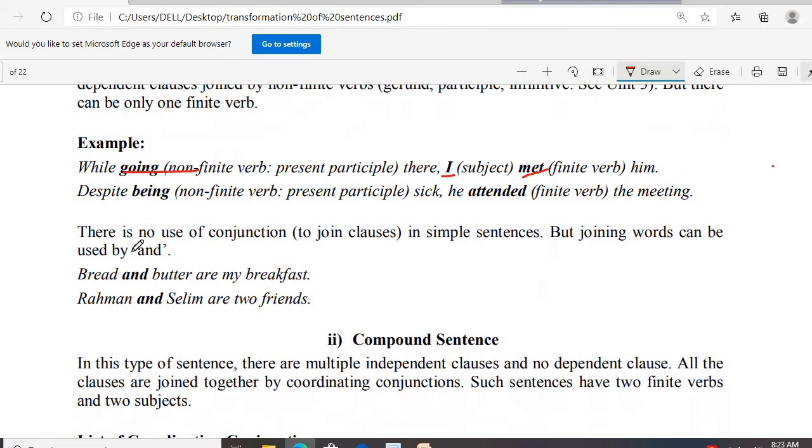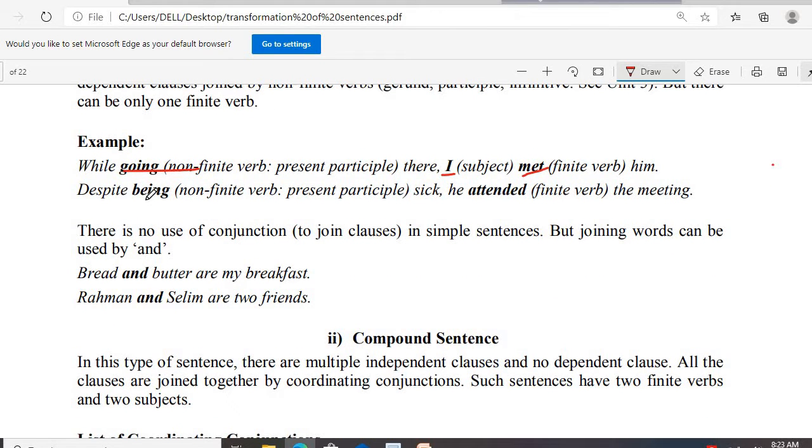And in the next sentence, being is the non-finite verb, a present participle, and attended is the finite verb. So there is no use of conjunction to join clauses in simple sentences.